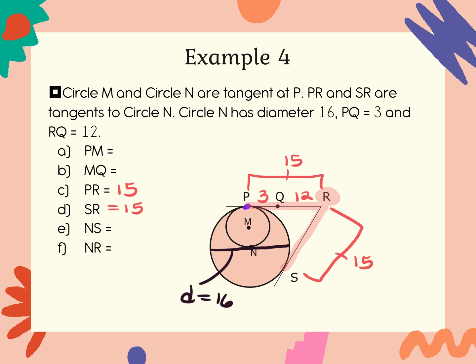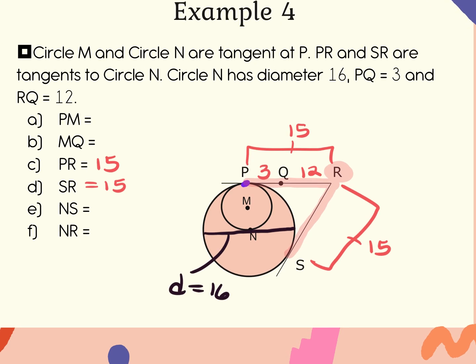So now the next piece they want me to find is PM. PM is this radius of the little circle. Now, what I can do here is since my diameter of the big circle is 16, I could draw a radius here from N to S, and this radius is going to be 8, 16 divided by 2, which is also another radius that I can draw over here from N to P. So which turns into be the diameter of the little circle.